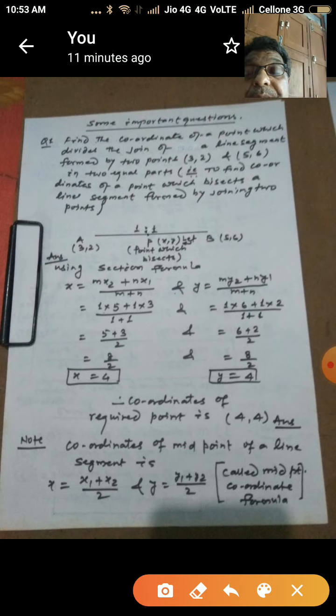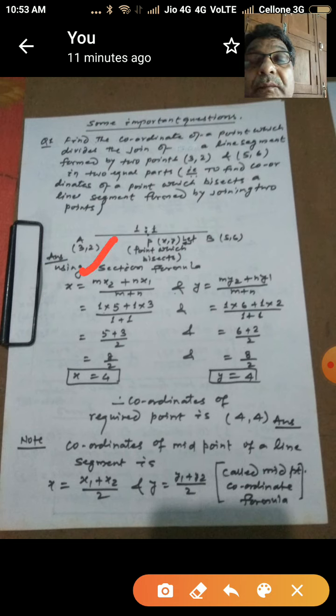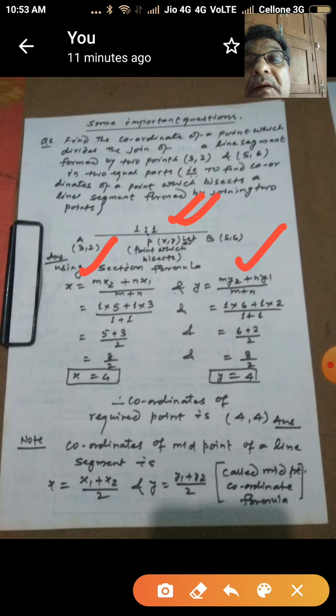So here everything is given. You see, point A (3, 2) is x1, y1, point B (5, 6) is x2, y2, and this ratio 1:1 is actually m:n.